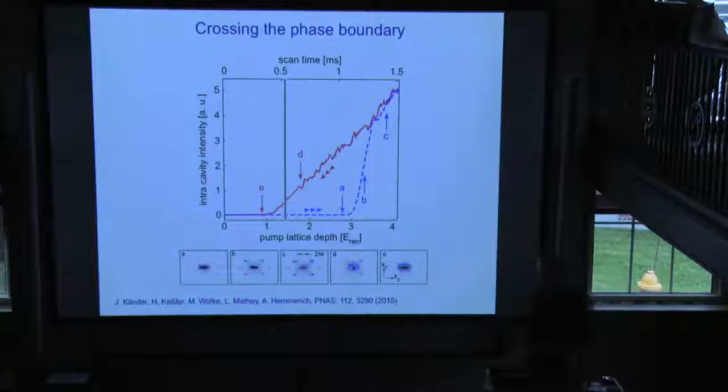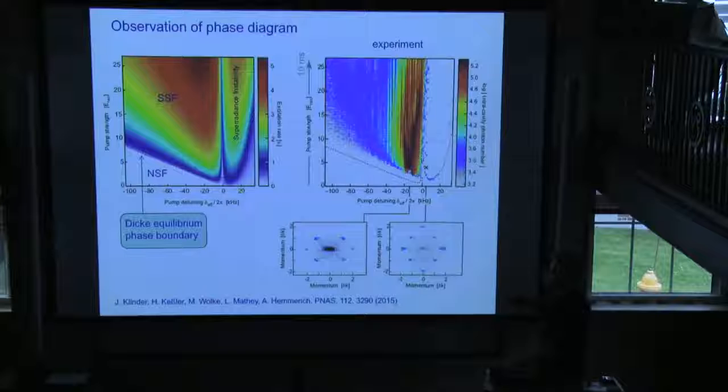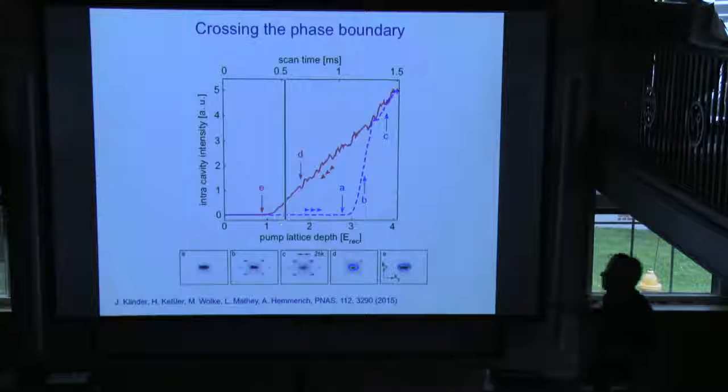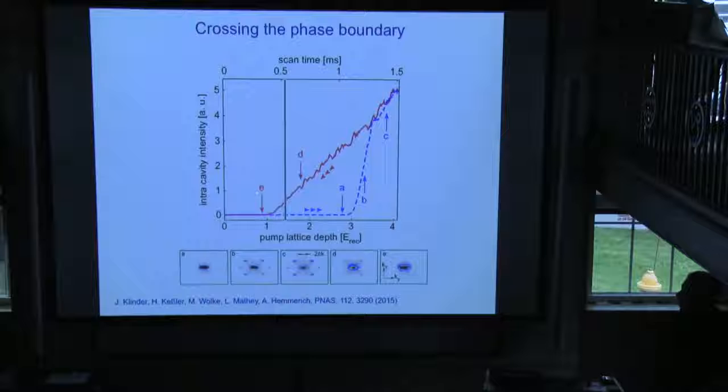Now, what we've done here is to look a little more in detail into how the phase transition is traversed. So now we are just going in and out, and the kind of observations that you find is shown here. The blue curve is the going in curve.